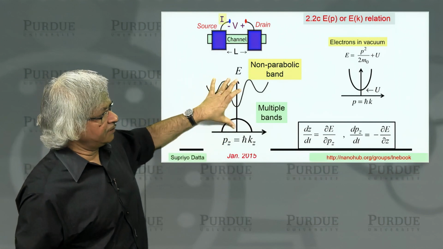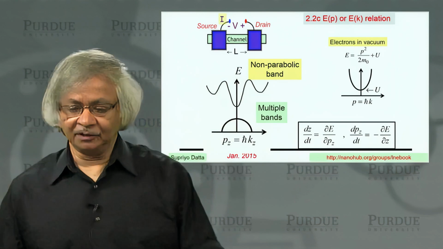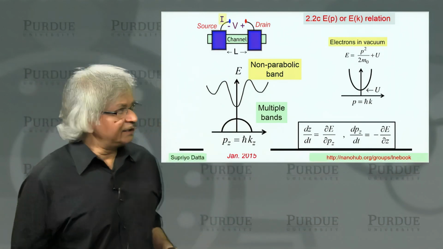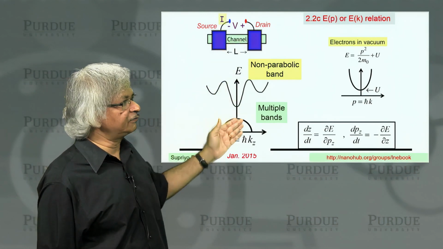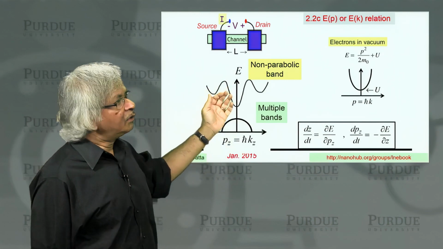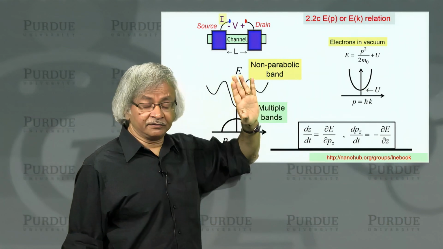So in general then, what I'm asking you to accept, without going into the quantum mechanical basis for this, is that you can describe electrons in a solid in terms of these general energy momentum relations, which are a little bit like that of electrons in vacuum, with two important differences.